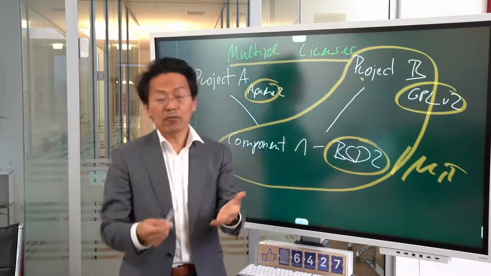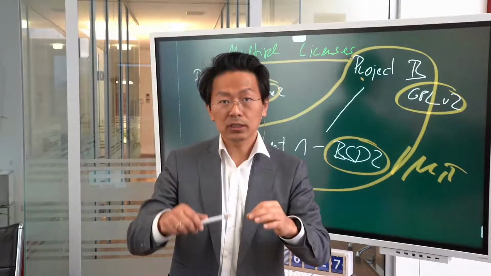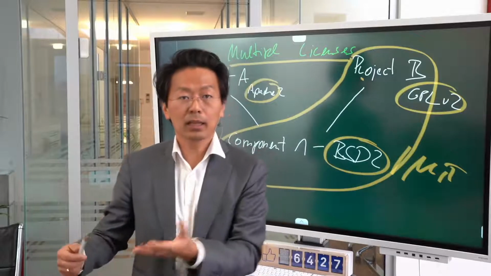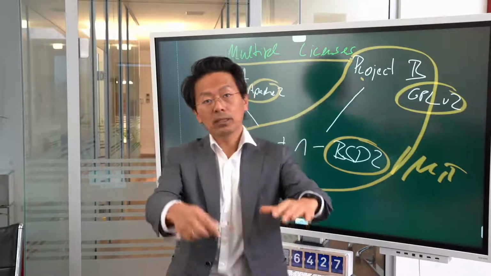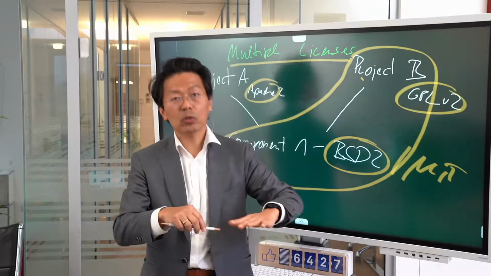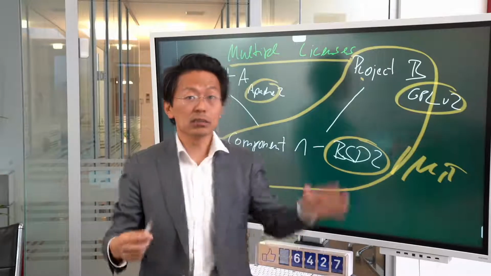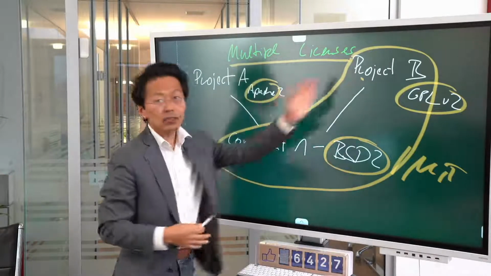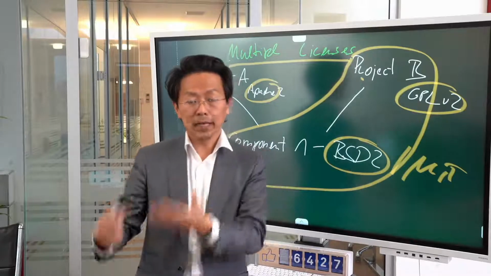If you look up, for example, Mozilla Firefox, you will find that the binary is under Mozilla Public License version 2 only, one single license, whereas the source code components are under different licenses.